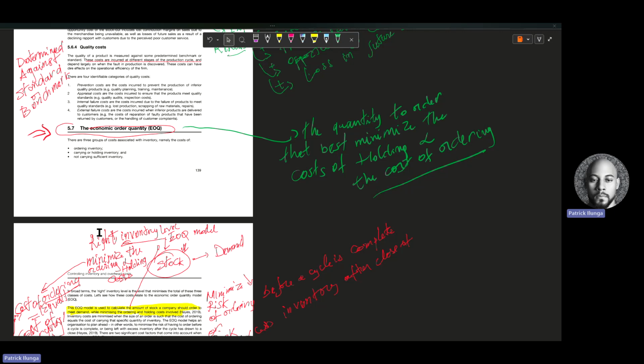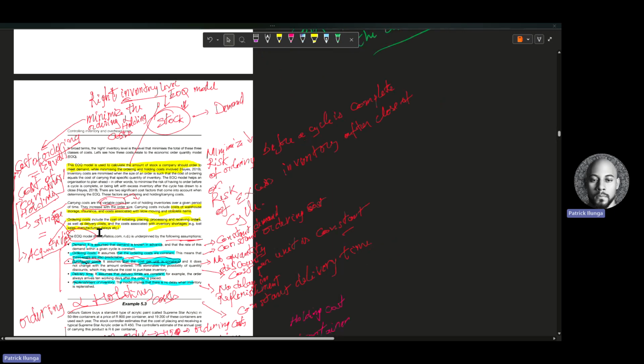And how do we know it's right? Because it needs to minimize something. It needs to minimize cost. In this case, it needs to minimize the ordering cost and the holding cost. It needs to balance these two big costs, the ordering as well as the holding.